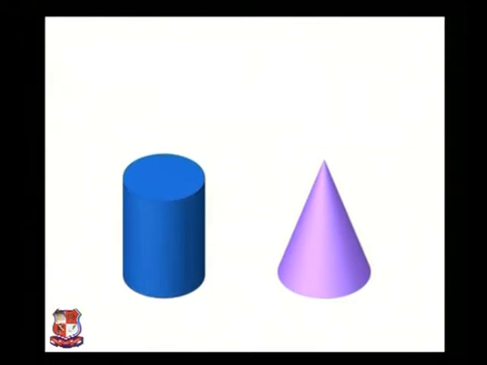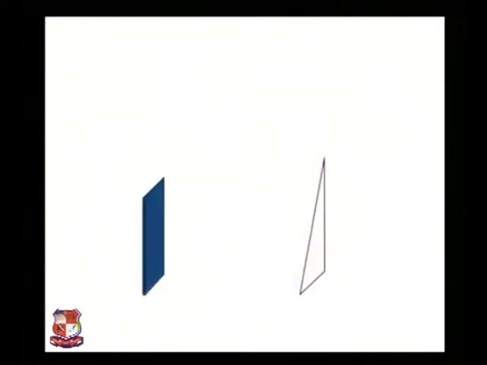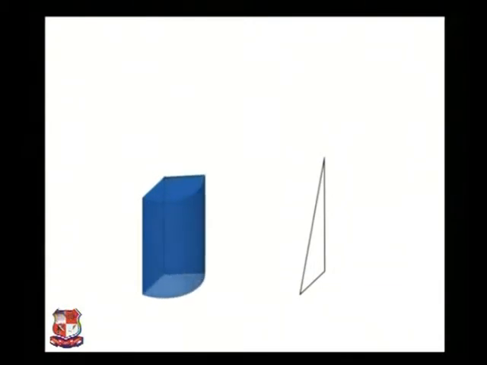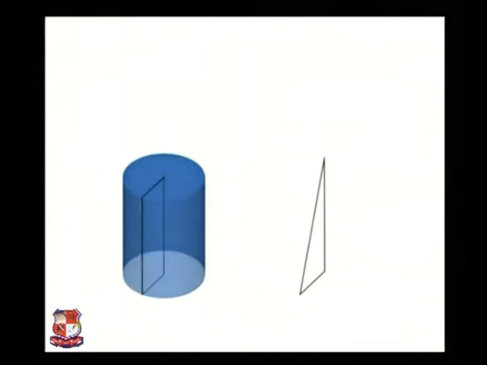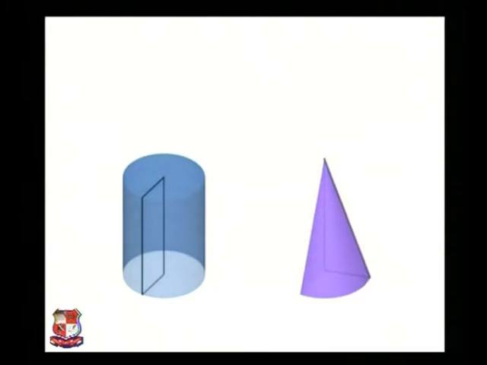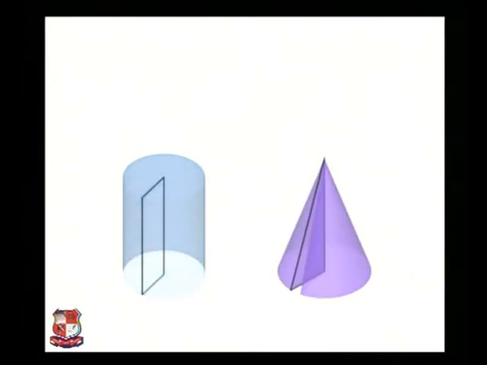A cylinder is a solid of revolution obtained when a rectangle is revolved about one of its sides. A cone is generated by the revolution of a right-angled triangle, having a circular base and a vertex.